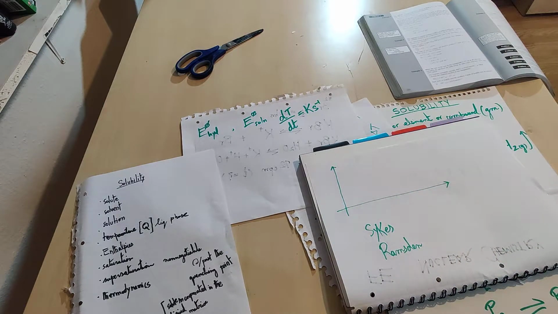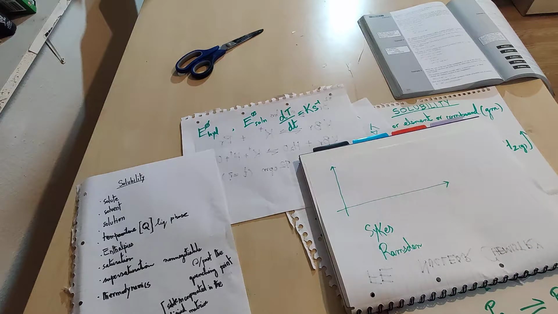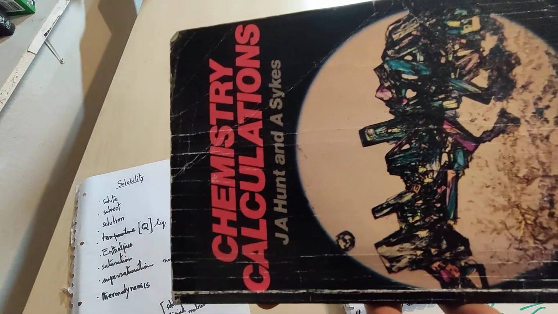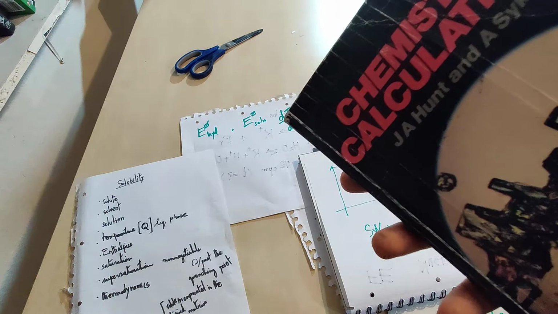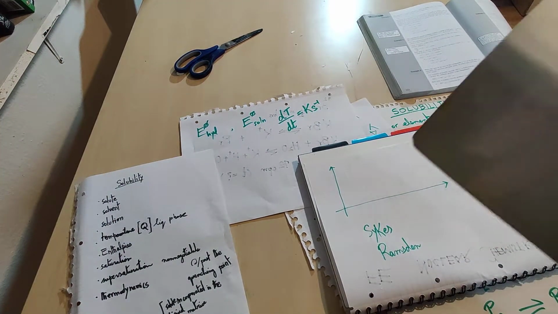They put, I think, temperature here, or let me just double check. So this is Sykes Chemistry Calculations for GCSE, IGCSE, and higher GCSEs. It's a legendary book. It has helped me quite a lot. I still use it.